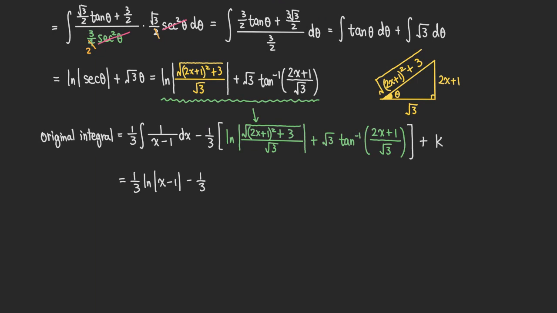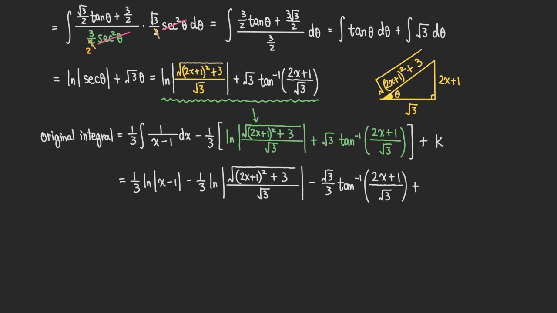So you're going to get 1 over 3 ln of the square root of (2x plus 1) squared plus 3, over the square root of 3, and then minus the square root of 3 over 3, because we don't forget to distribute that with this thing. And then we have the tangent inverse of (2x plus 1) over the square root of 3, and then plus the k.